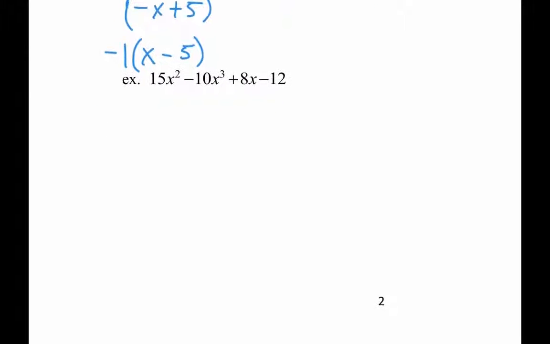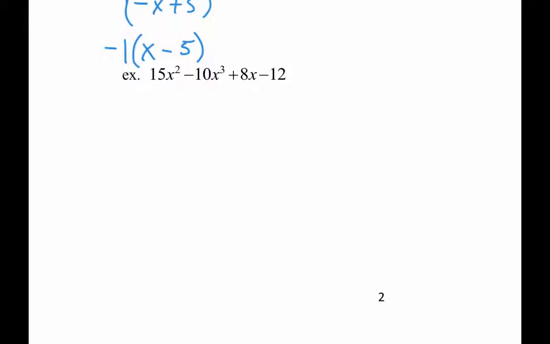So this here, we're going to treat it kind of like our factoring by grouping stuff. And let me slide that up a little bit. In this first chunk, we have a 4-term polynomial, we can pull out a 5x squared. Agreed? Is it okay if I just do stuff a little faster? 5x squared: 15 divided by 5 gives me a 3. x squared divided by x squared, I don't have any x's left. Now I have minus 10 divided by 5 gives me a minus 2. And x to the third divided by x squared gives me an x.